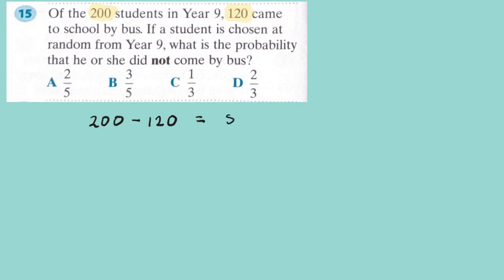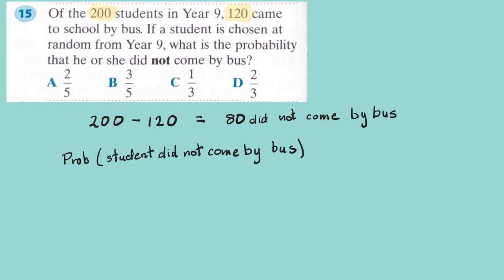So that will be 80 students who did not come by bus. And as we did before, the probability that the student did not come by bus is equal to 80 students who did not over the total amount of students that were there.